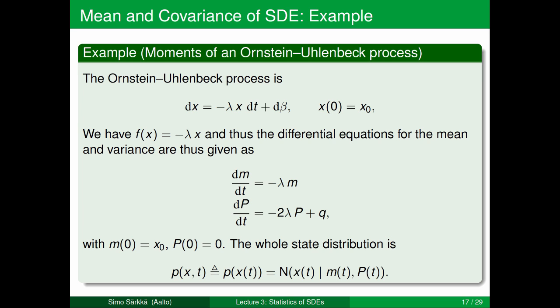Thus the differential equations for the mean and variance are given as the time derivative of m is equal to minus lambda m, and the time derivative of P is equal to minus 2 lambda P plus q. So these are the result of substituting f(x) into the mean and covariance equations.